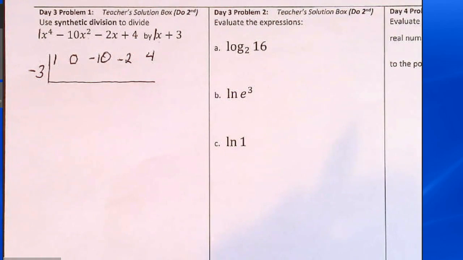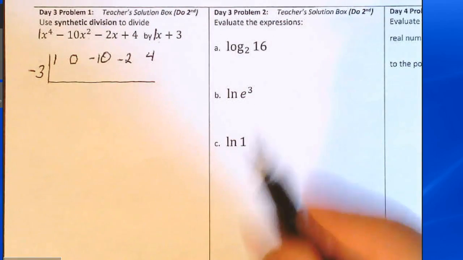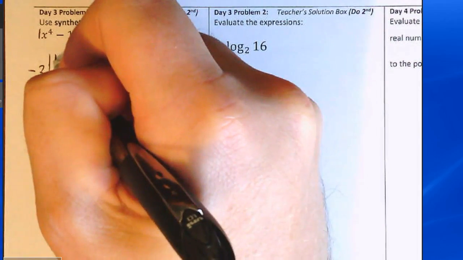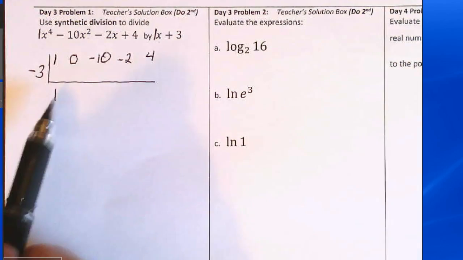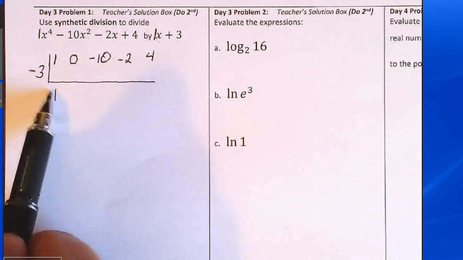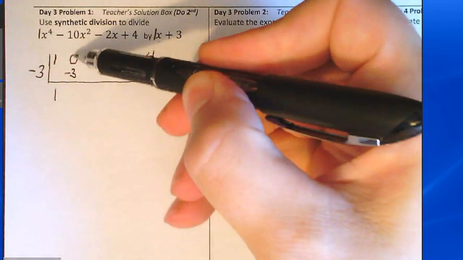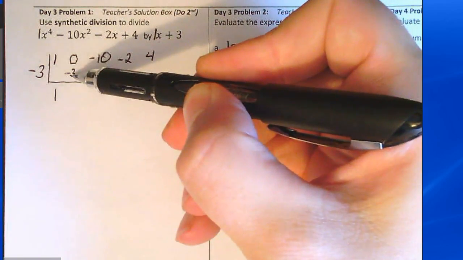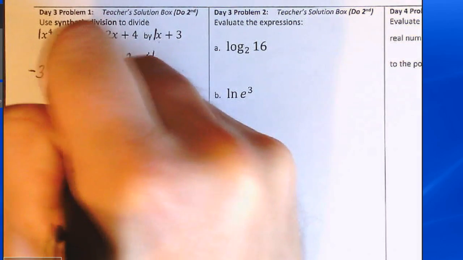Synthetic division is a process that involves adding and multiplying numbers. It works like this. Bring down the first number, 1. Multiply together those two numbers and record the answer underneath the next coefficient. Then add these together, negative 3.